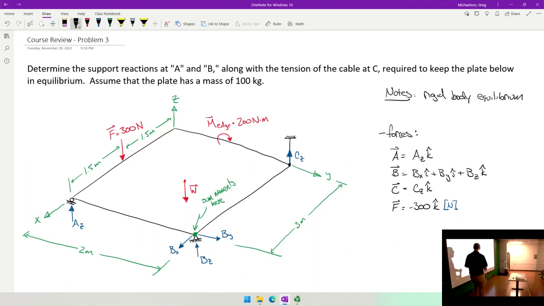We do have a weight. A weight is applied to the middle of the plate. Now, we were told that the plate has a mass of 100 kilograms, but we have to convert that mass to newtons by multiplying by gravity. So weight. So we'll make that negative.